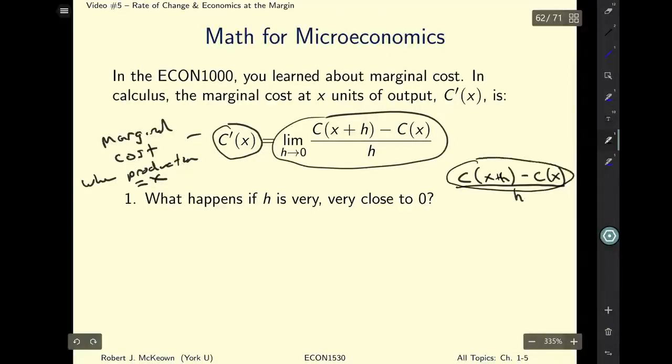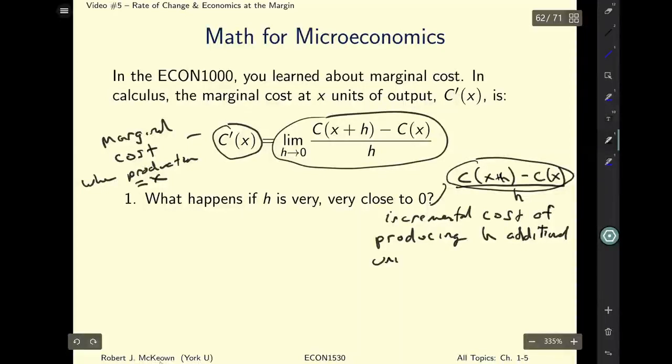Now, the numerator, this is the incremental cost of producing h additional units of output.